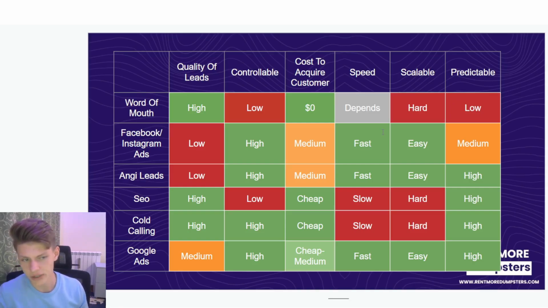Honestly, I wouldn't recommend Angi Leads. I wouldn't recommend Facebook and Instagram ads. In some cases, I do. For some dumpster rental businesses, I do recommend Facebook and Instagram ads for branding and retargeting and just overall having a presence.